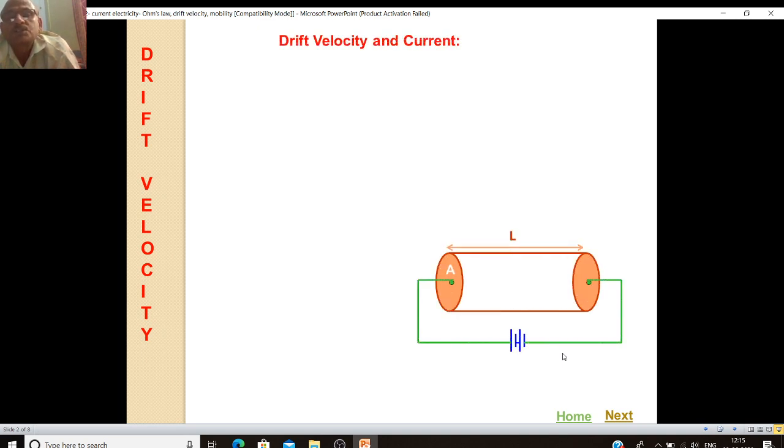Let us take a conductor of length L across which an electric field is applied from this battery, A to B, and due to the applied electric field, electrons drift from right to left, and the conventional current is left to right.